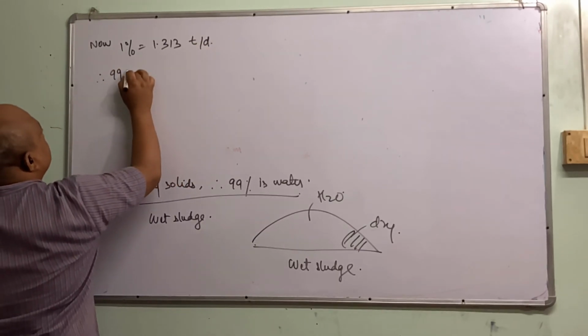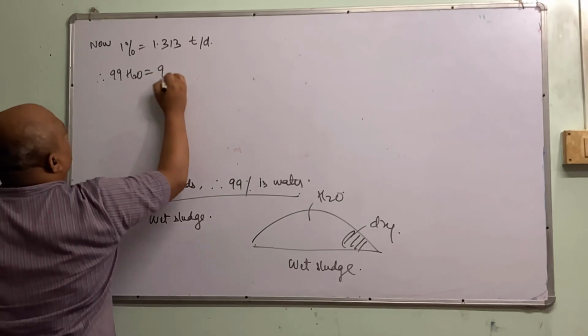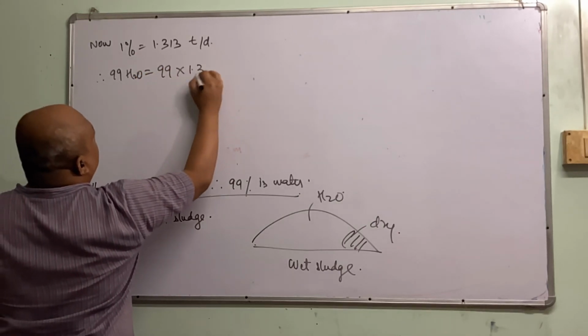Therefore, 99% water is equal to 99 into 1.313.